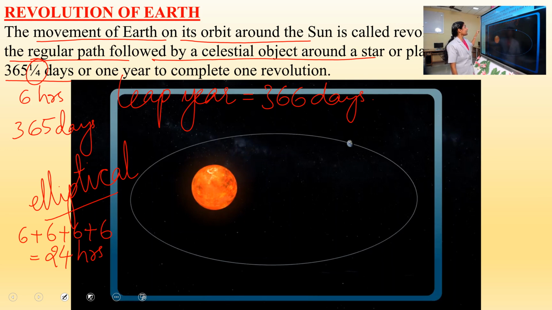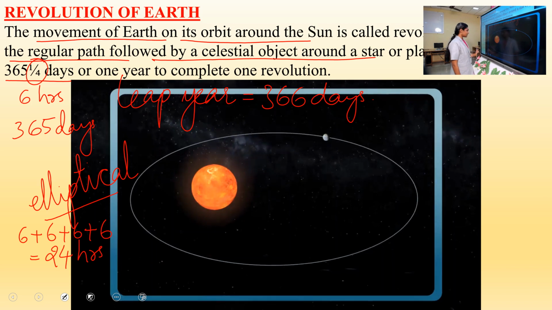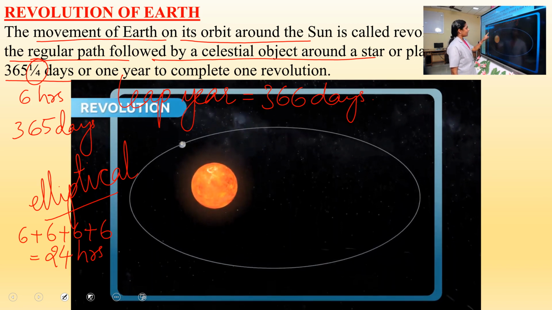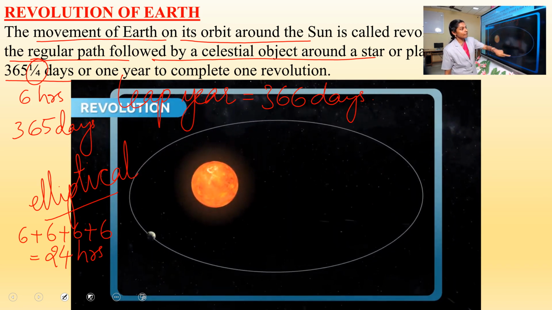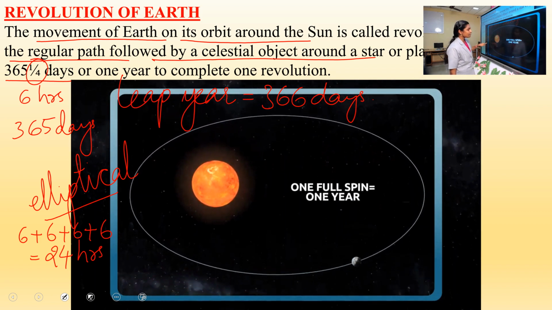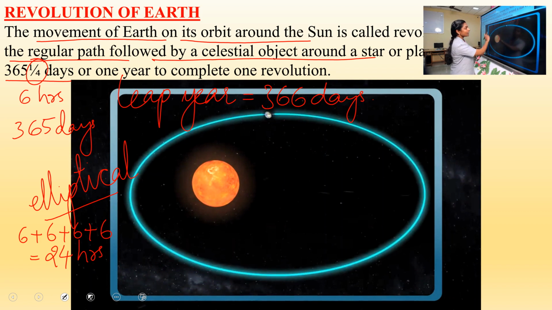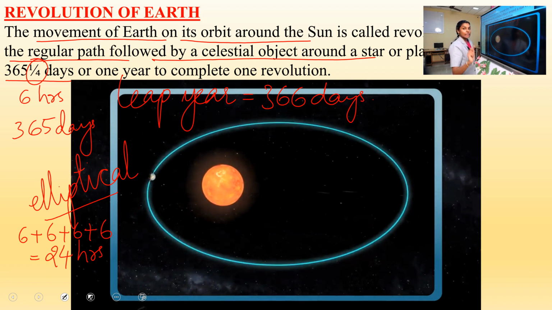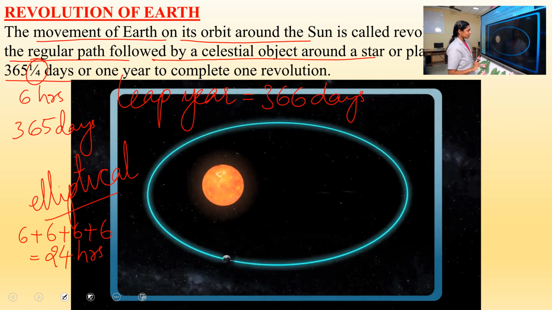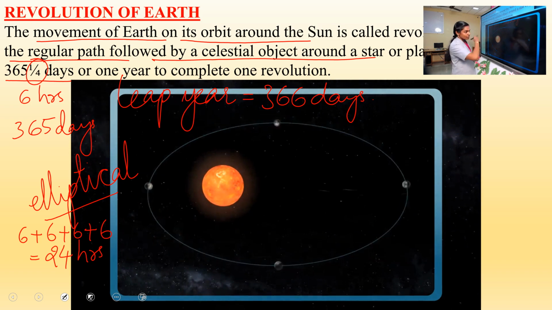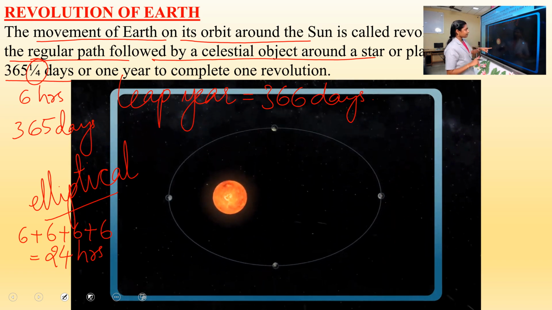And it takes 365 1 by 4 days or 1 year to complete one revolution. So here we can see the video. See? The earth is revolving round the sun in its elliptical path or in its elliptical orbit. It takes 1 year to complete the one revolution or to move around, to come around.